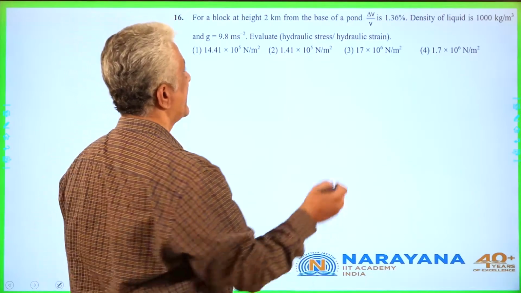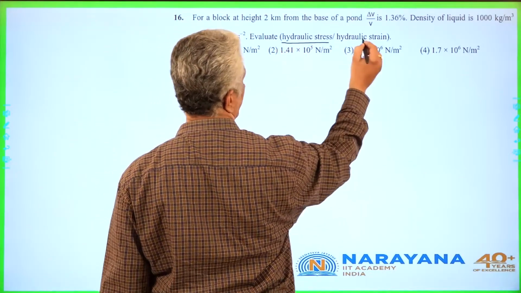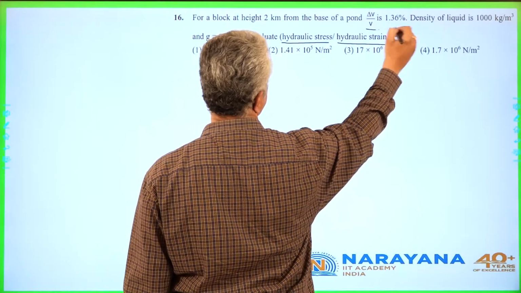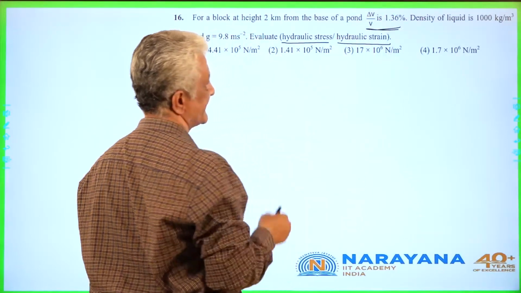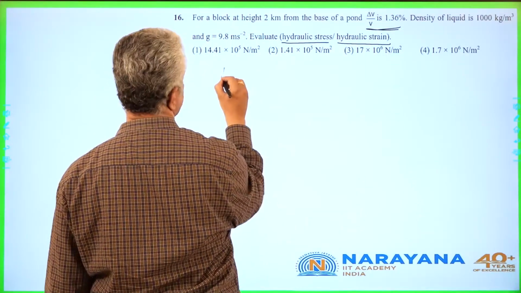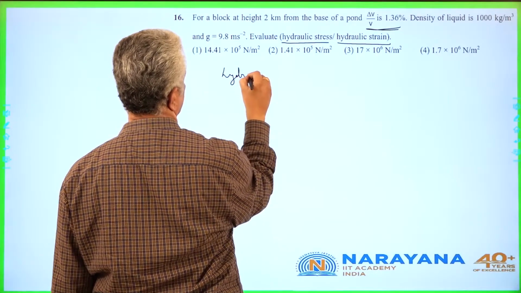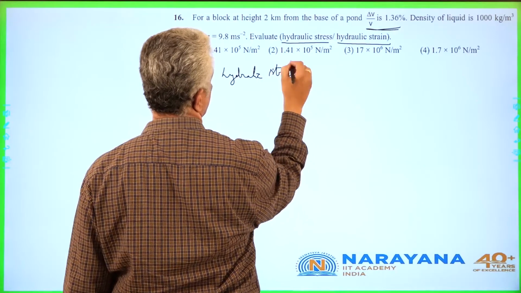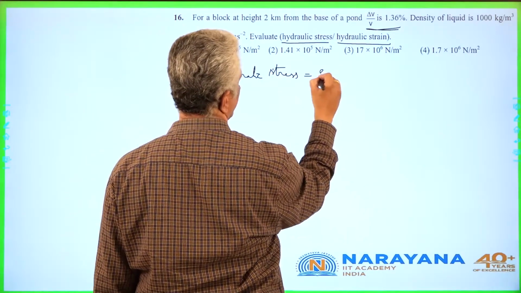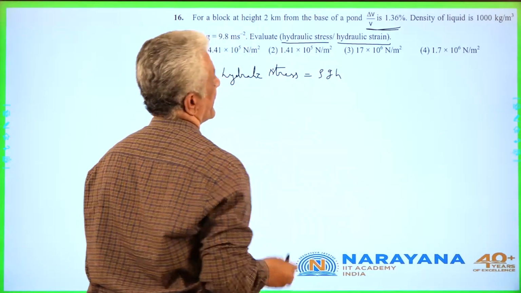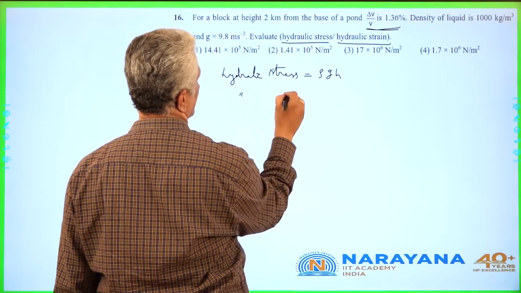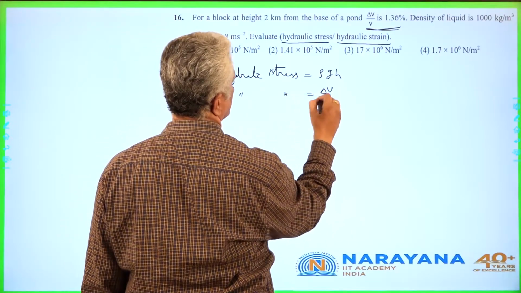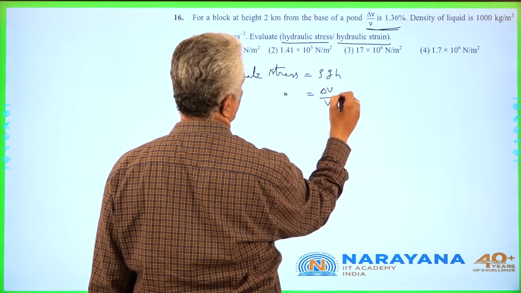16th. Hydraulic stress by hydraulic strain. What is hydraulic stress? Nothing but pressure. And pressure on any particular surface will be rho g h. And hydraulic strain will be delta V by V into 100.